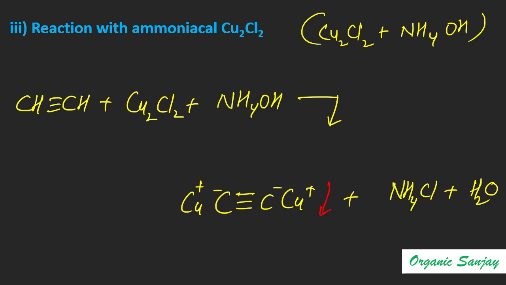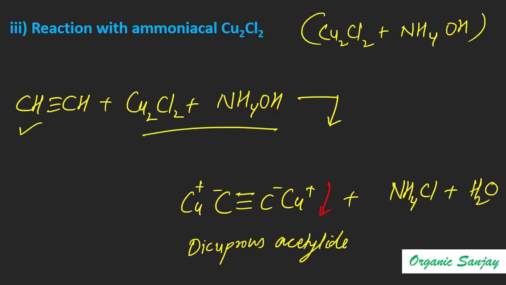The name of this compound is dicuprous acetylide, a red precipitate. So when acetylene is passed into ammoniacal cuprous chloride, it gives a red precipitate of dicuprous acetylide. For balancing, you can keep 2 here, here, and here. Now the reaction is balanced.